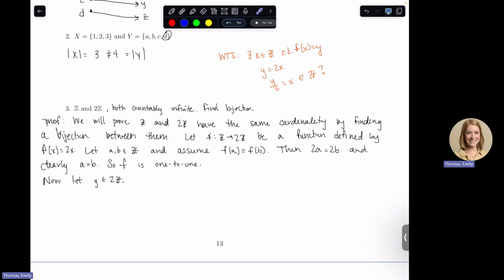It would be a problem if they were both integers, because this isn't always an integer. It would always be real, but it wouldn't always be an integer. Just making sure that whatever this is fits this definition for whatever y is. And y is even, so divided by 2 is still always going to be an integer.